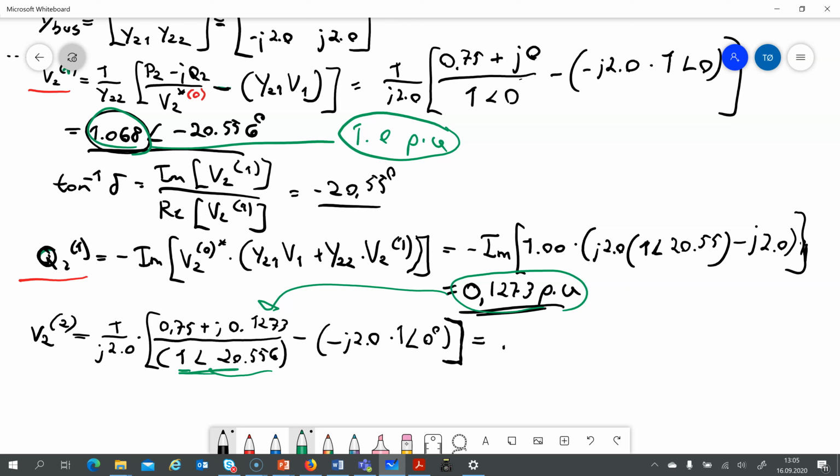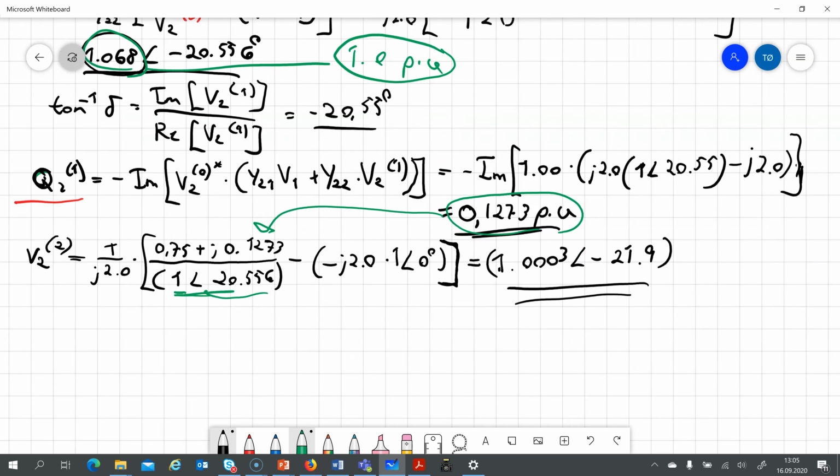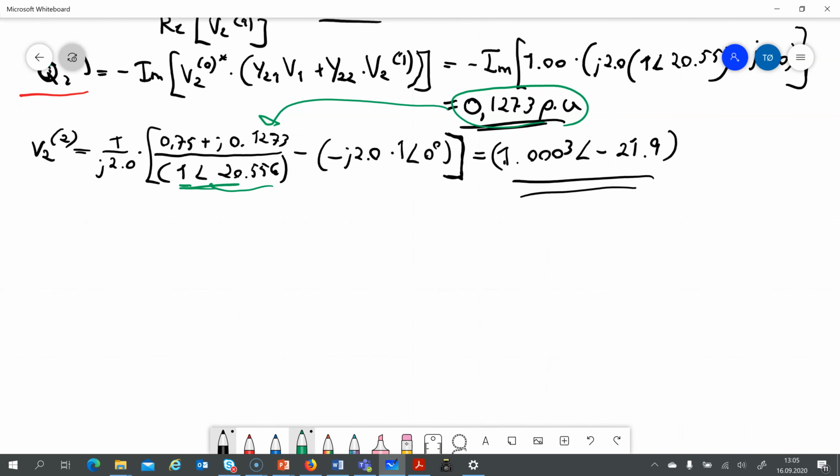We get 1.0003 angle minus 21.9. That's the new voltage, like here. And then you do the same. We now calculated Q2.